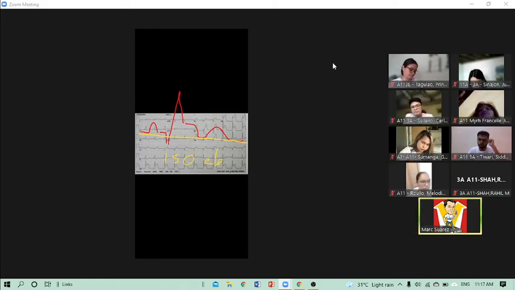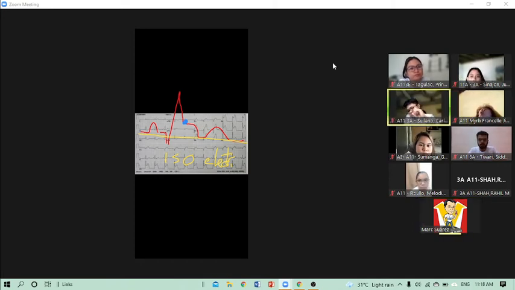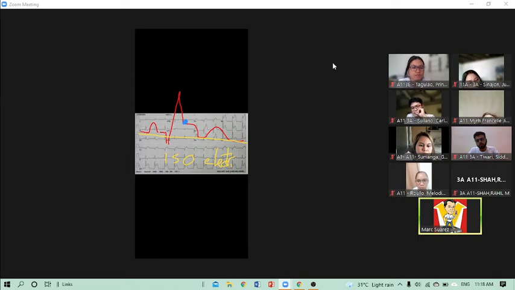Now I want you to focus on the J point. So this being the J point, do you follow? Yes, Doc. So if the J point is above the isoelectric line, what does that tell us?